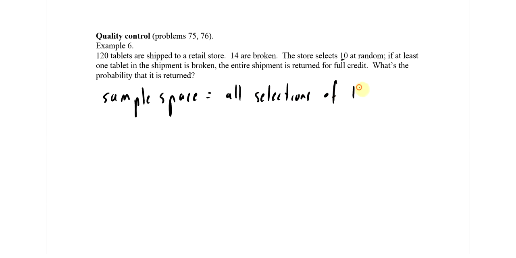So what's the sample space? They're selecting 10 at random out of 120. It's like the problem with the cards, right? When you're dealing a deck of cards, you pick 5 out of 52. Here we pick 10 out of 120. How many ways are there to pick 10 out of 120?